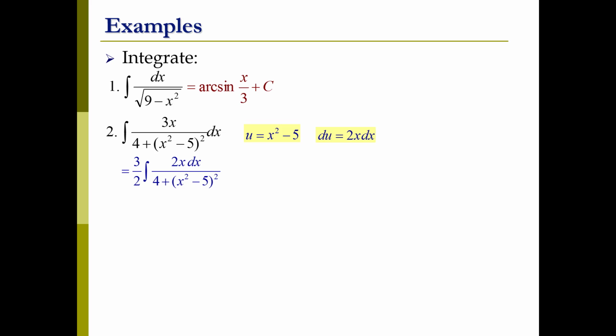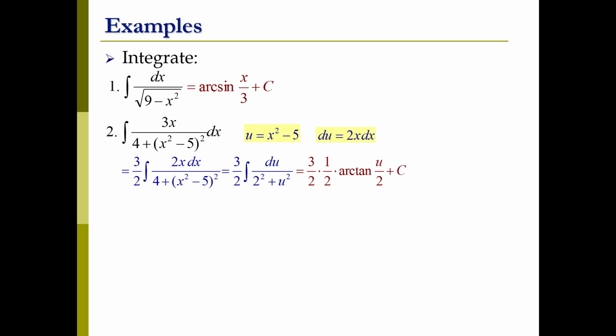Once we set up our u substitution, we're going to say 3 over 2 antiderivative of 2x dx over 4 plus the quantity of x squared minus 5 squared, which is 3 over 2 antiderivative of du, because 2x dx is du, over 2 squared plus u squared. And this, of course, is arctangent.